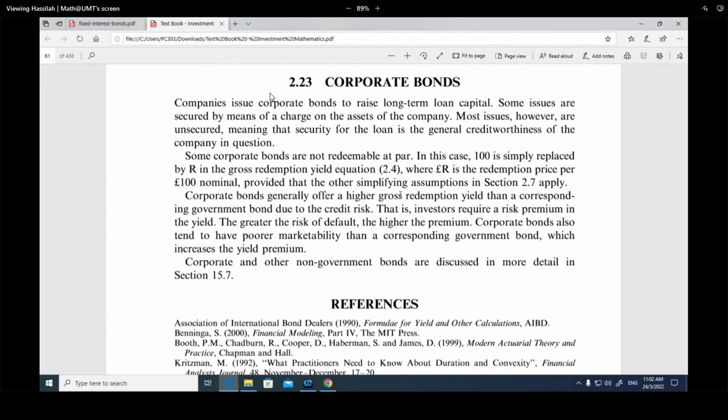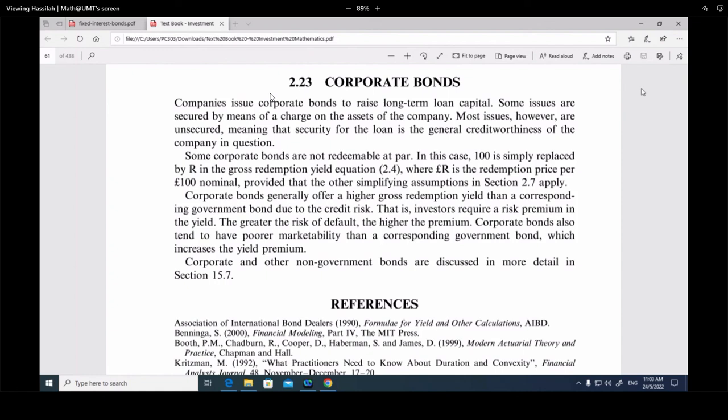Jadi usually dia akan bagi kupon yang besar. Tapi biasanya orang tak akan ambil untuk tempoh yang panjang. Biasanya tempoh yang pendek sebab risiko dia tinggi. Dia bagi kita pulangan yang banyak, tapi risiko dia tinggi.